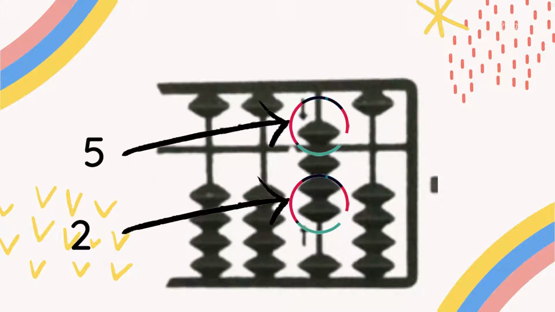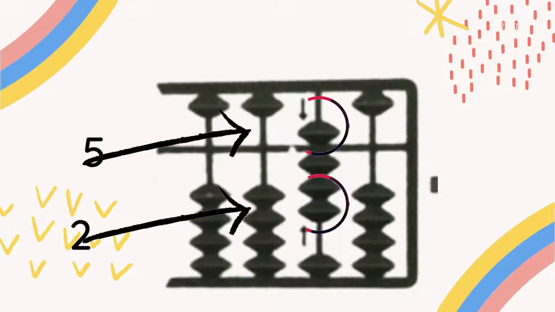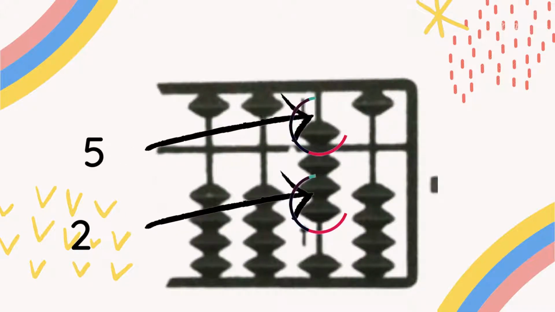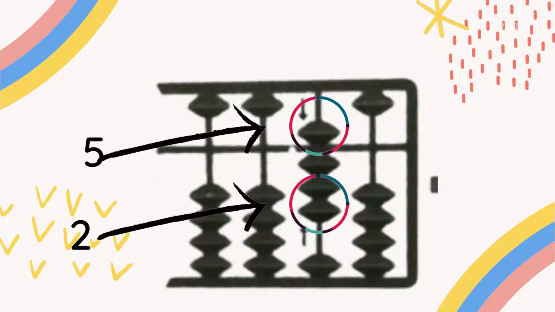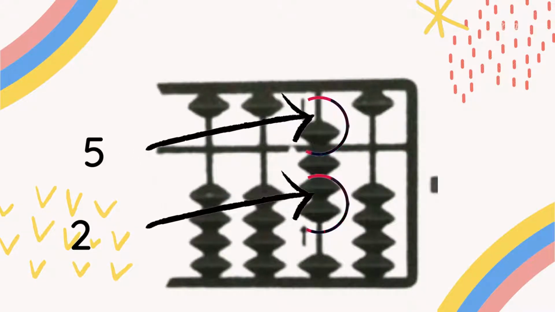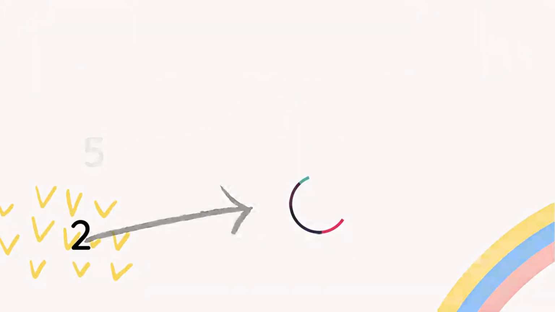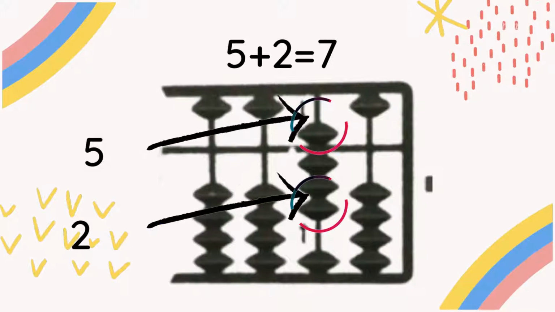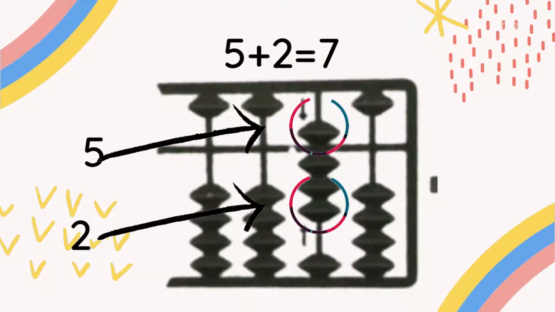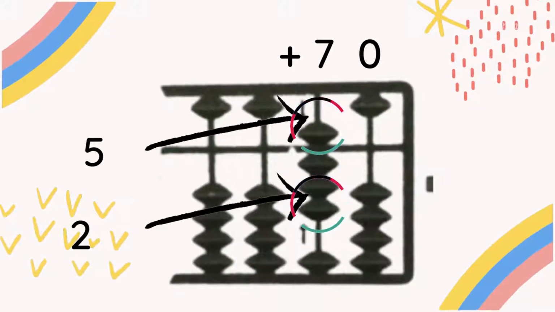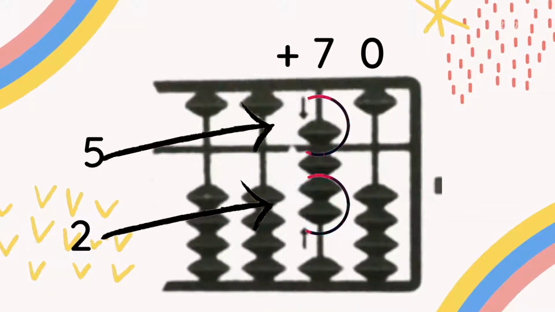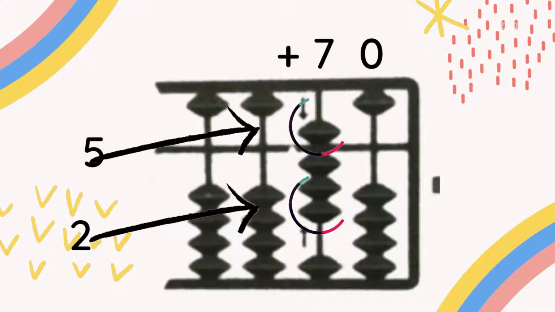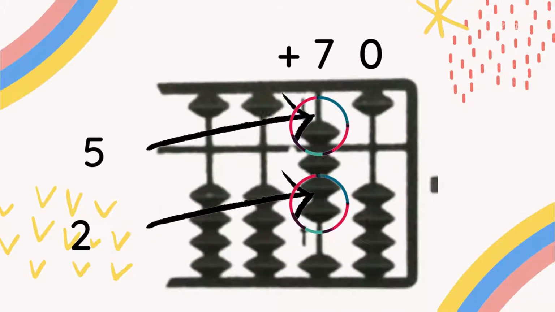From the bottom, 2 more beads are brought up to the middle. So we have 5 and 2, which means 7.